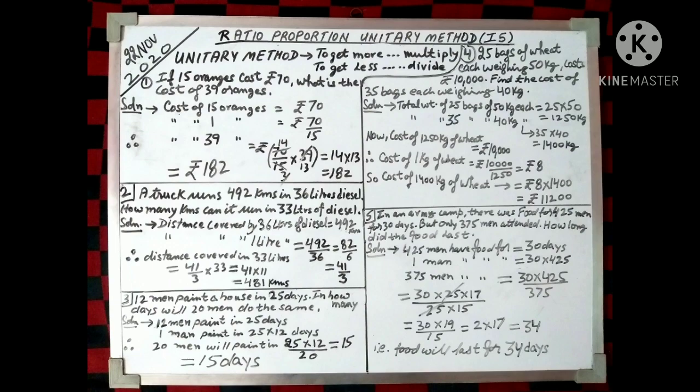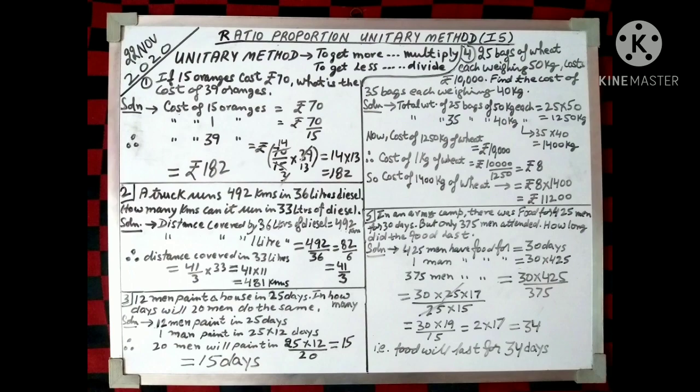And then we can multiply by 39, because now we have got the price of one orange, 70 by 15. So the cost of 39 oranges will be 70 by 15 into 39, which on calculation will give us rupees 182, right? Let us see the second one.